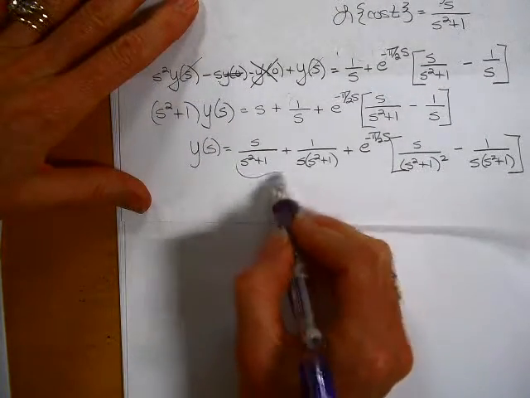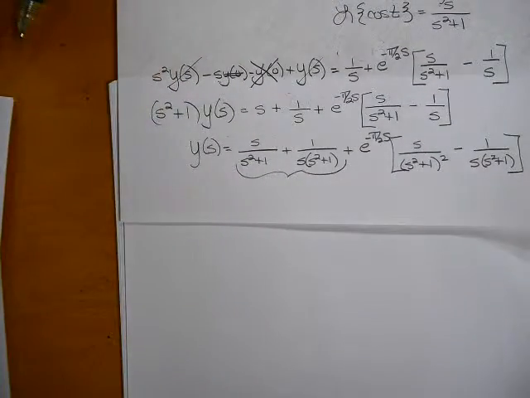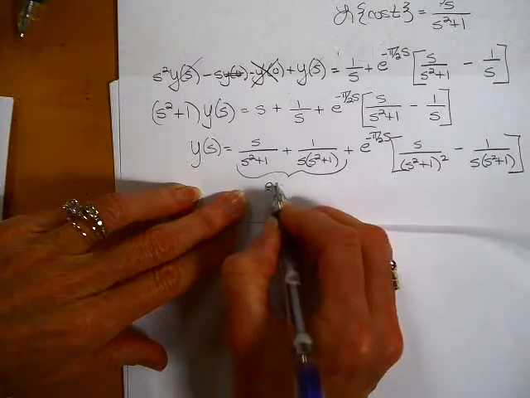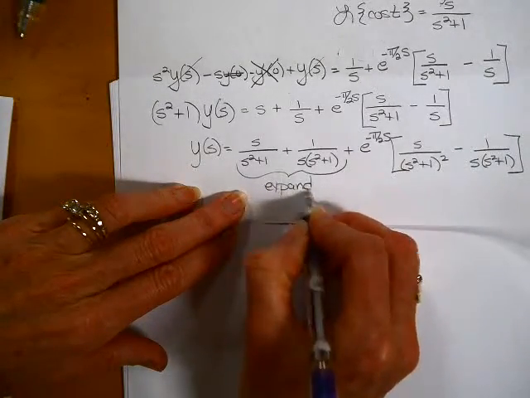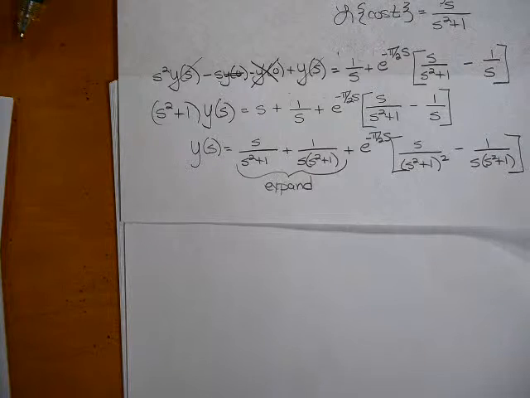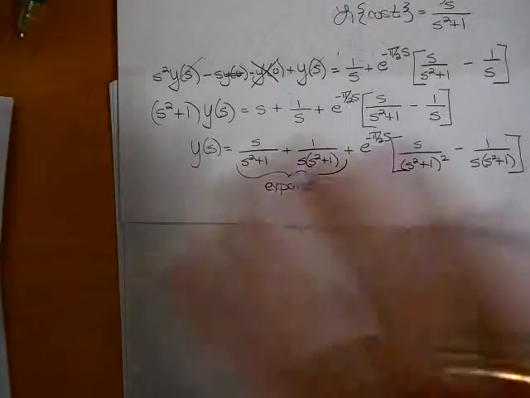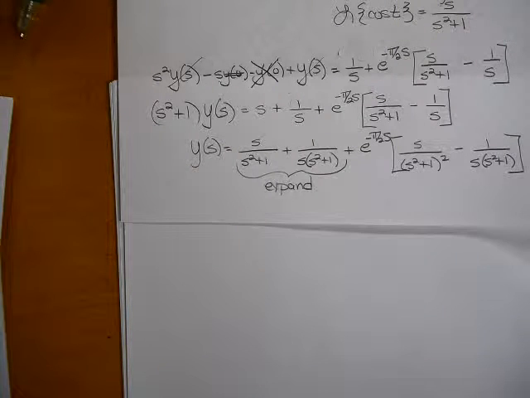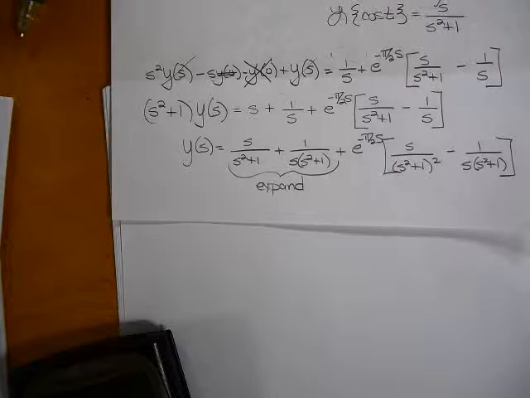Okay, I would put this in a calculator and expand it. None of that involves a shift. That's just going to be normal. So I would expand that and get common denominator, get everything else set up together. That's what I would do.